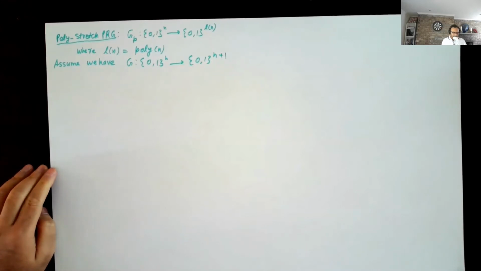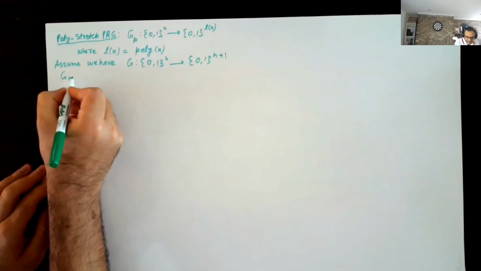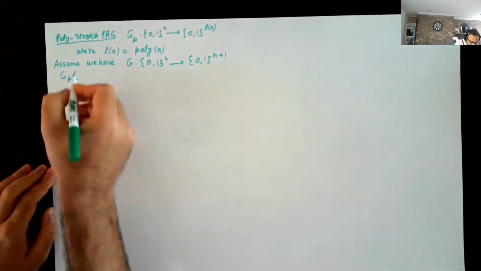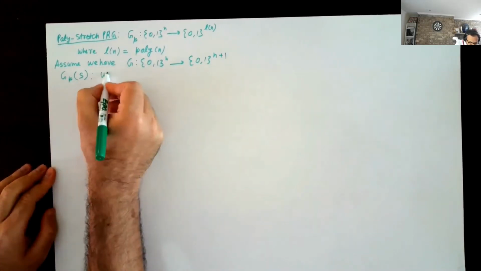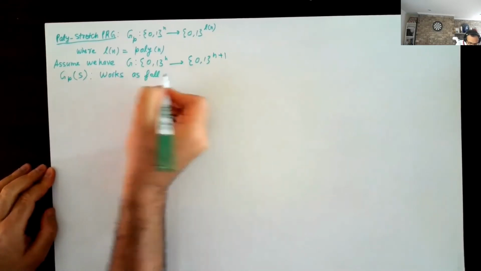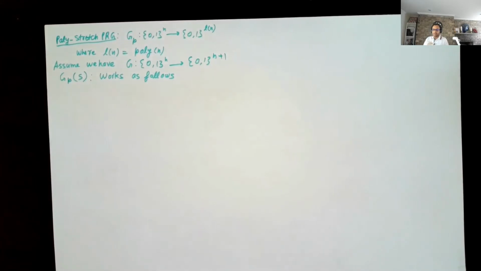Okay, so how does GP work? GP takes as input a seed, and it works as follows. As you can expect, we will apply G once and we will get n plus 1 bits.